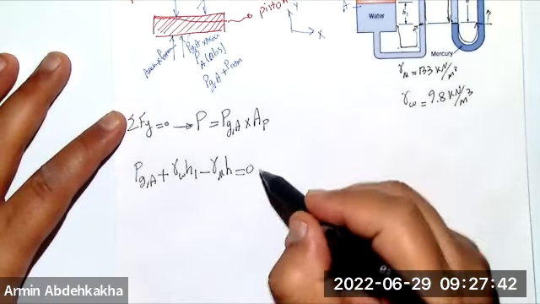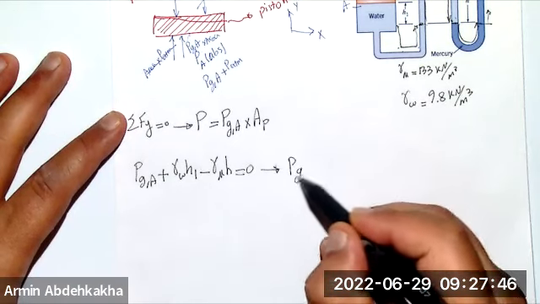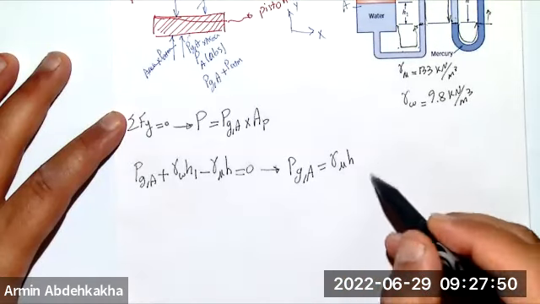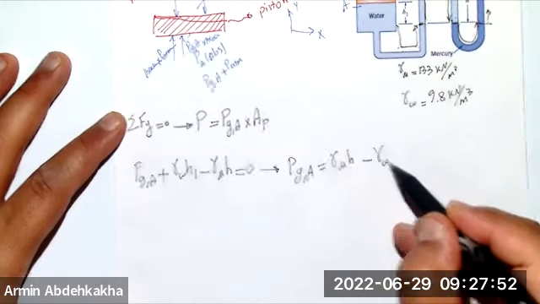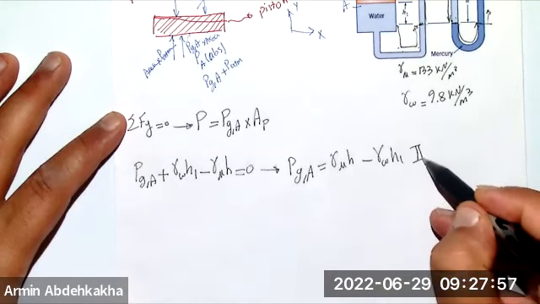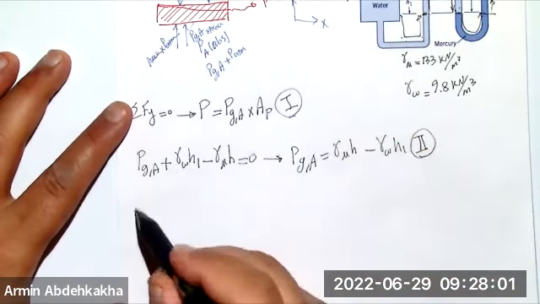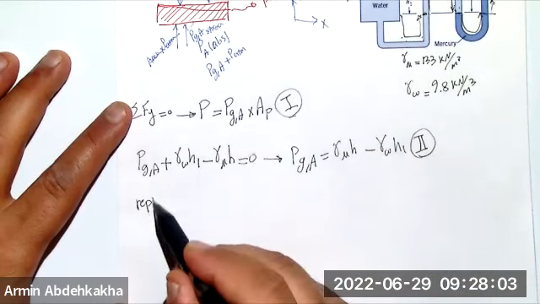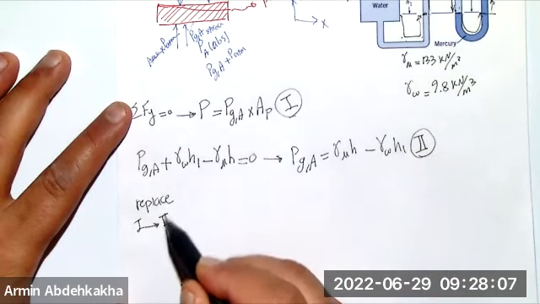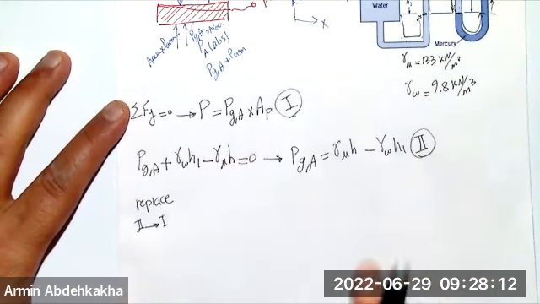Okay, so I will replace, then let's find the P gauge at point A, which is gamma of mercury times H minus gamma of water times H1, right? If that's my equation 2 and this one equation 1, then I can replace 1 in 2 or 2 in 1 and find P, right?